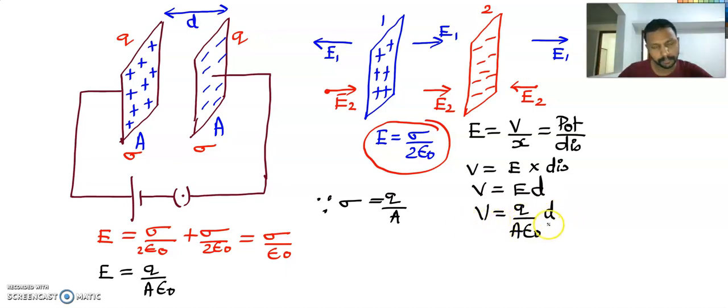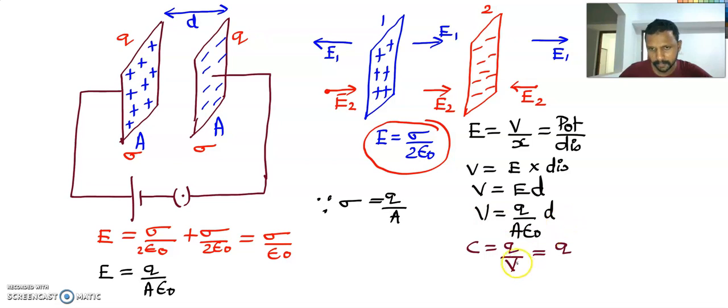This is potential. We have to determine the value of capacitance. Can you recall the basic expression for capacitance? Capacitance C is equal to Q by V. This was the basic expression for capacitance. Then let's substitute the value. Q is Q itself, divided by V means the reciprocal of this.